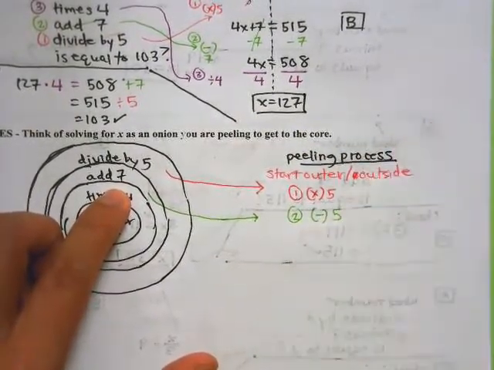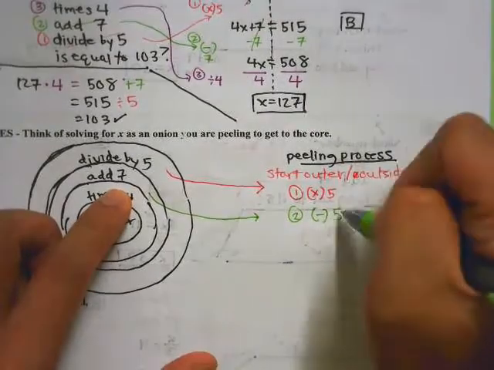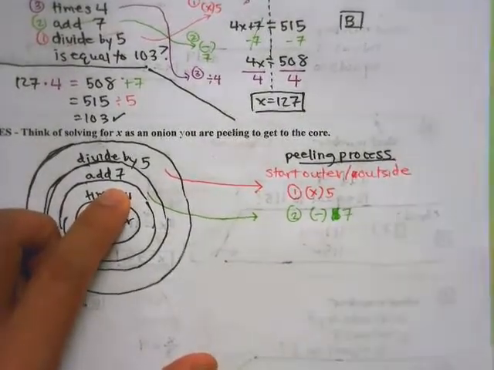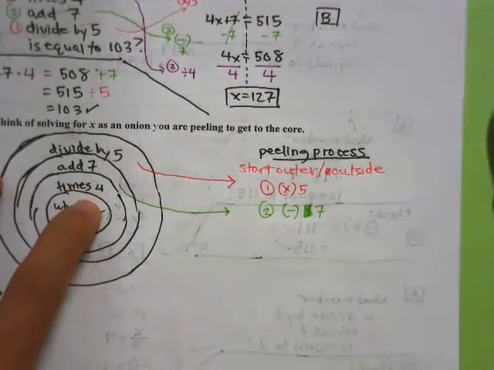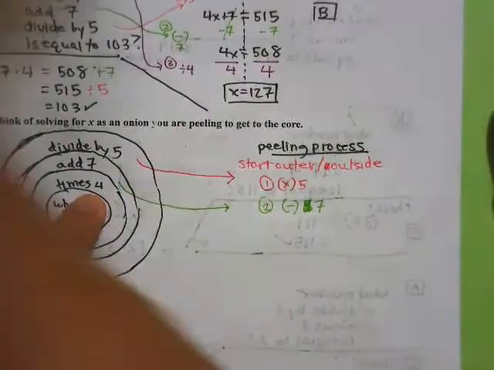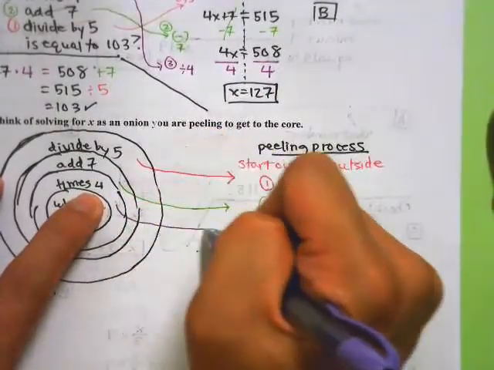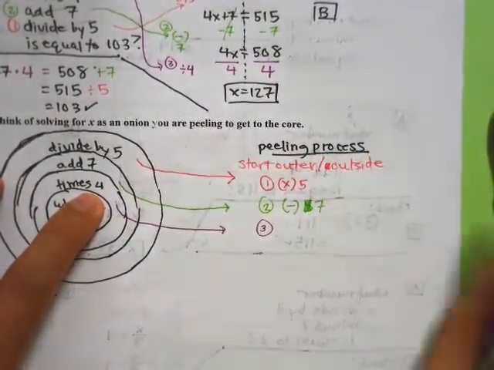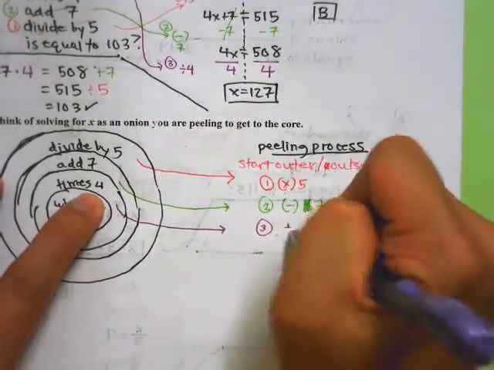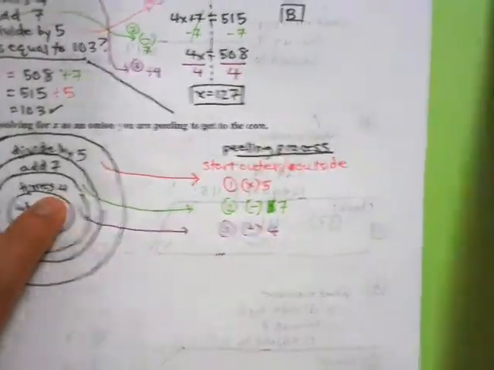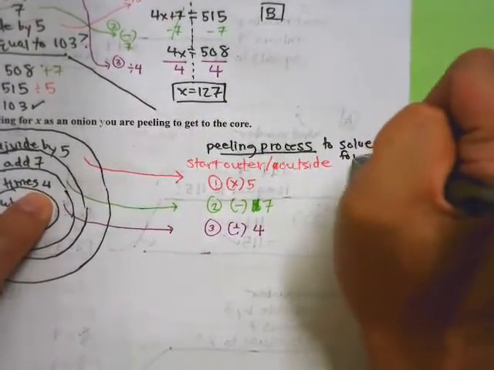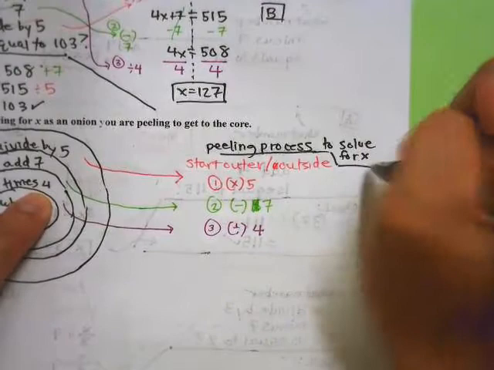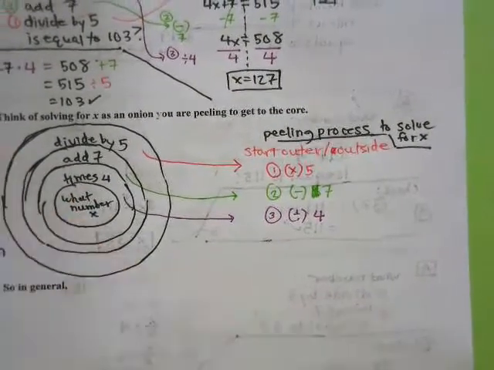The opposite of that is minus 7, okay? And then we peeled that off. Then after that, the times 4, we're almost there at the peeling process, and we said divide by 4. So this is the peeling process to solve for x in this particular problem, okay? Then after we peeled it off, we can get what number that is.